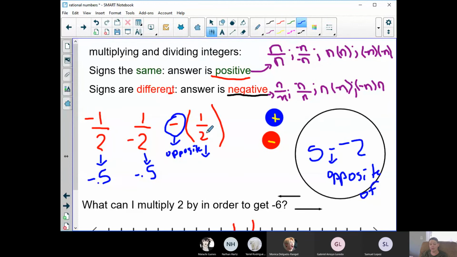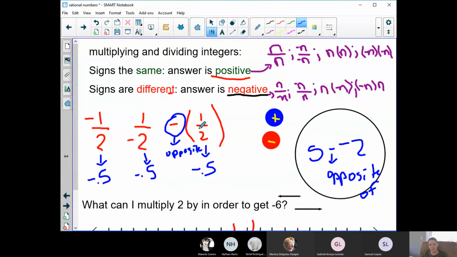Anybody? Okay, so 1 divided by 2 is 0.5. What is the opposite of 0.5? So the opposite of positive 0.5 would be negative.